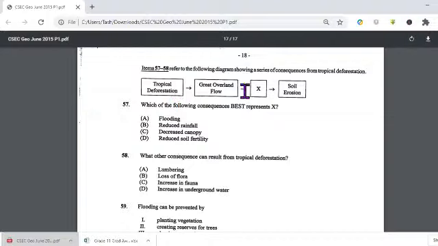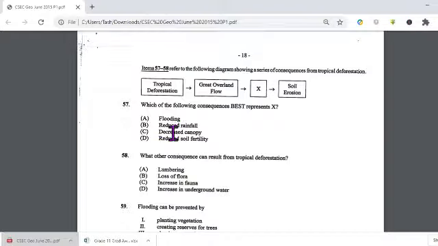So the great overland flow would not have led to reduced rainfall. It doesn't affect rainfall at all. The great overland flow would not decrease the canopy. Remember that the canopy relates to vegetation, the top section of the vegetation there, so it would not decrease the canopy.